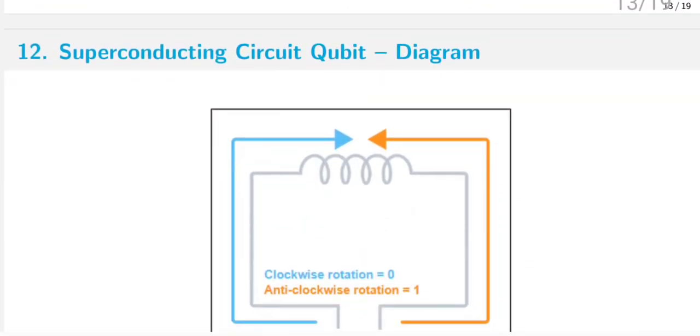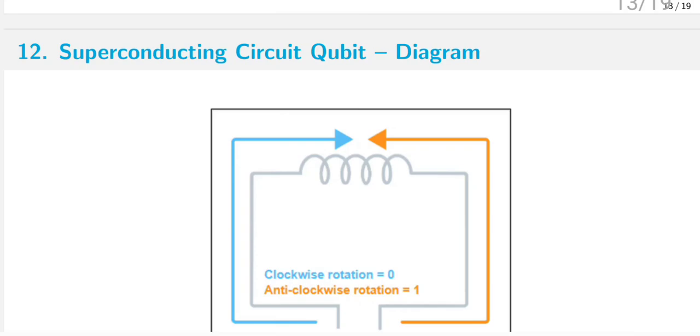So moving on to the circuit. The loop with orange and blue arrows shows current flowing in both directions. The dual flow is the superposition state of the circuit.